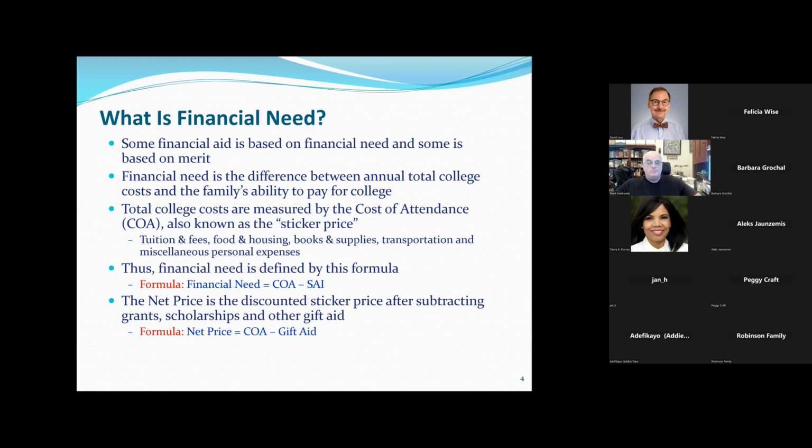The net price is the amount you'll have to pay for college after subtracting grants and scholarships from total annual college costs. It sometimes is viewed as the discounted sticker price, how much the student and his or her family will have to pay from savings, income, and loans to cover the annual college costs.